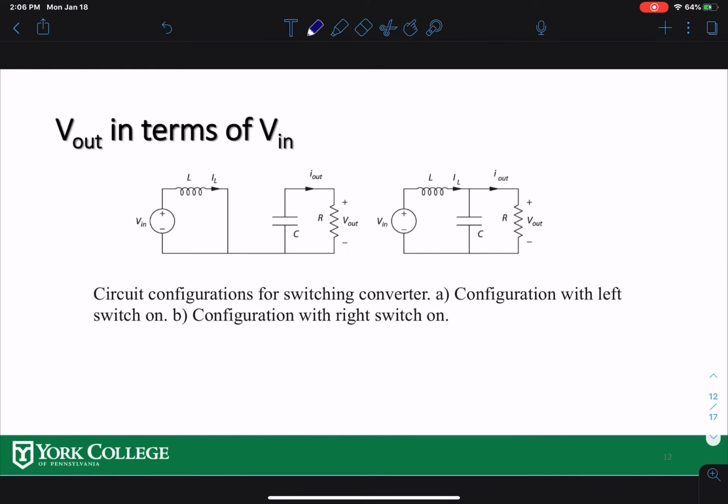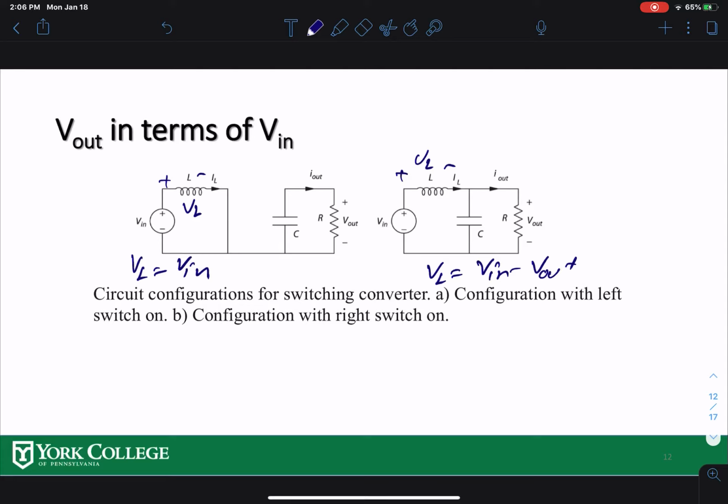With that, for this circuit, you know there is a VL over here, and V in over here. If I use KVL here, your VL would be V in. And for this circuit over here, if I use KVL, your VL would be V in minus V out.